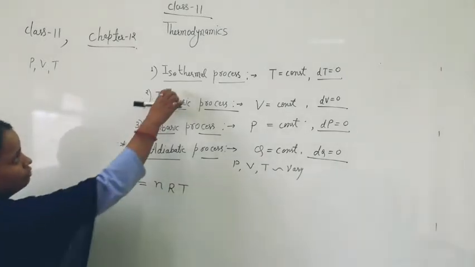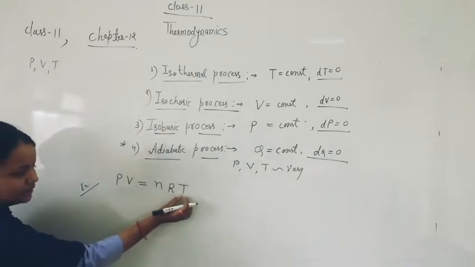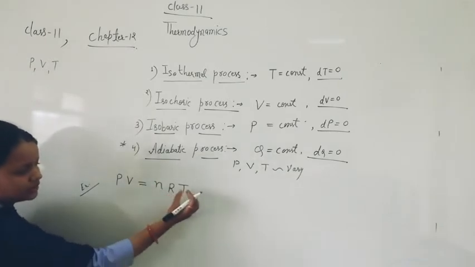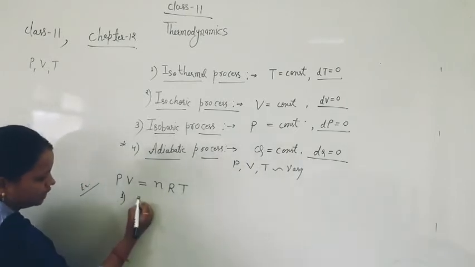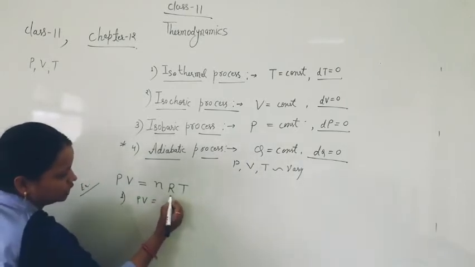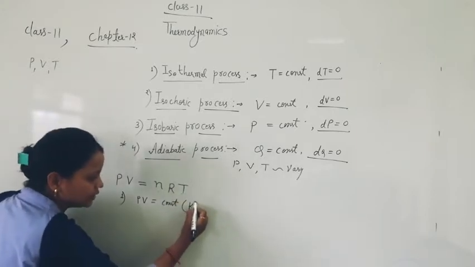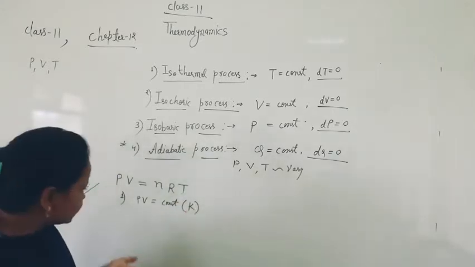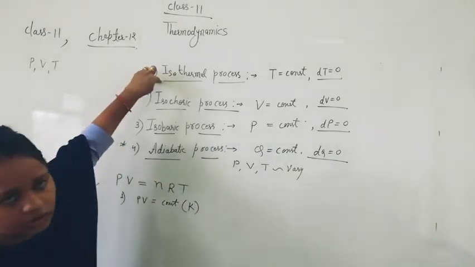For the isothermal process, temperature is also constant, so constant into constant into constant is constant. Consider it as K. Then PV is equal to constant, which is the state equation of the isothermal process.